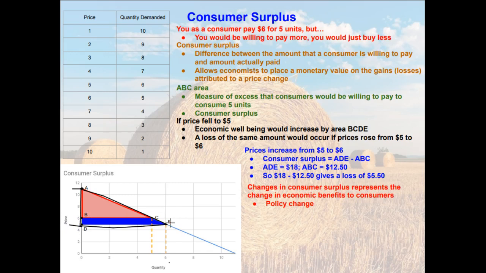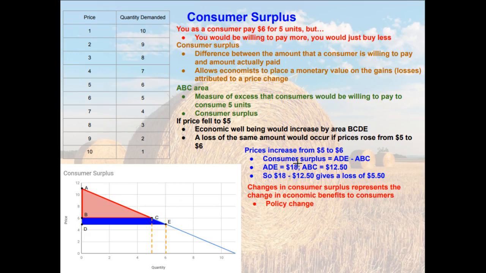We're going to multiply both of those together and divide it by half to find the area of a triangle. If you're unfamiliar with how to find the area of a triangle, go look up that formula. So we take a price change of 6 and a quantity change of 6, multiply them together, divide in half to find the area. We see that the area of the triangle ADE is $18.